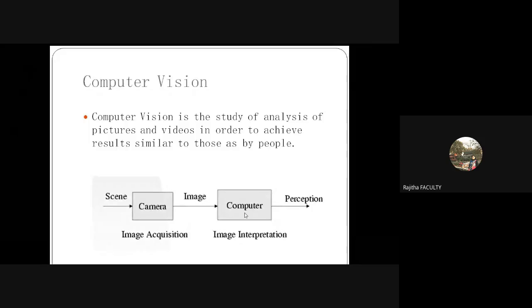Now instead of a person, there will be a machine which decides how many persons have entered into that region and how many people are anomalies, right? All such intelligent decisions should be taken by this computer. This computer should be good enough to take decisions correctly and accurately. That is why we need ML techniques and DL techniques.